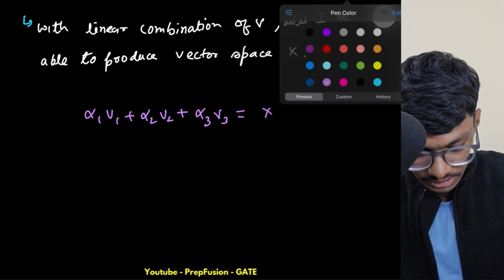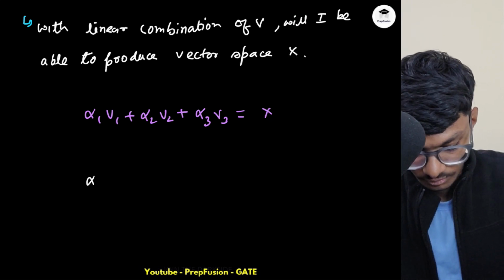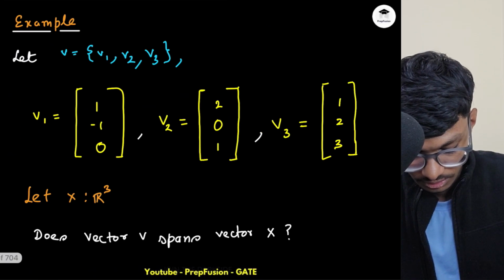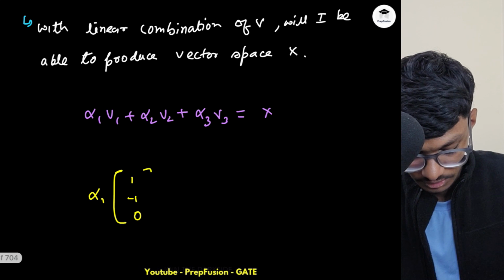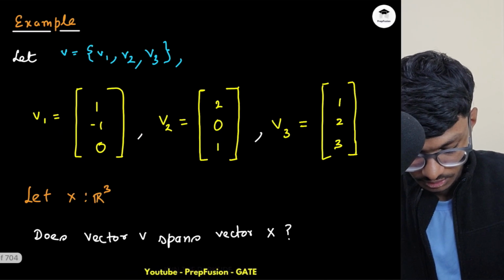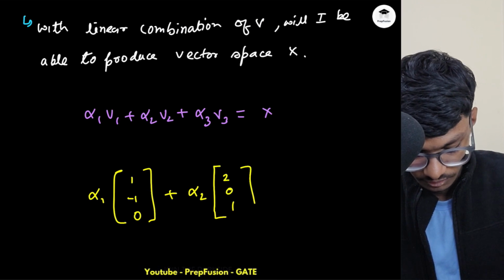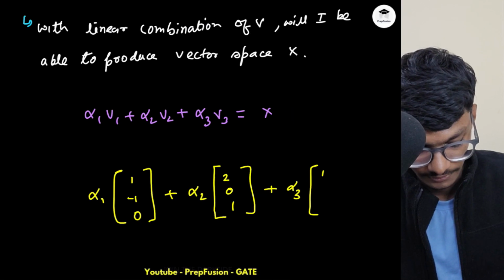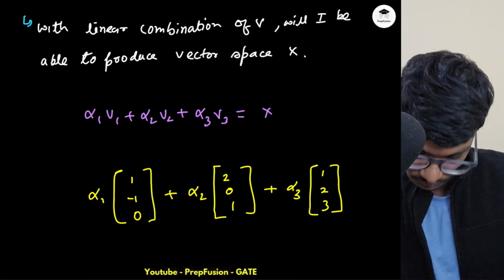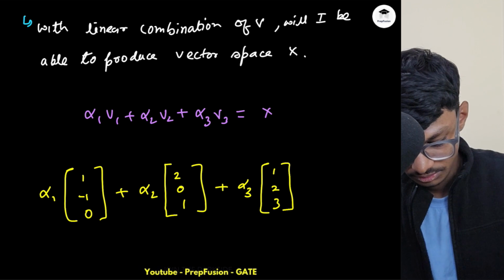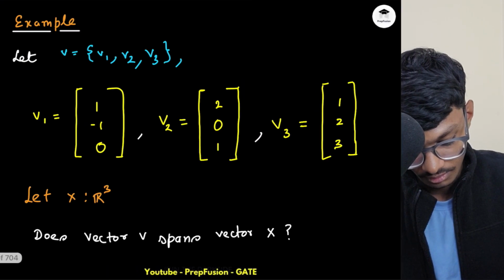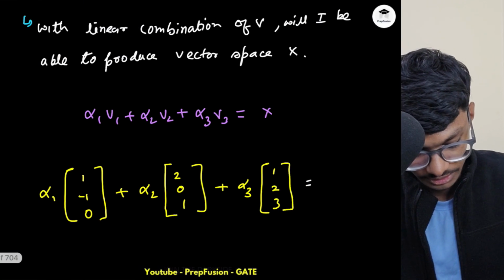So I can expand this. v1 equals 1, minus 1, 0, plus alpha 2 times 2, 0, 1, plus alpha 3 times 1, 2, 3, which equals x, y, z.